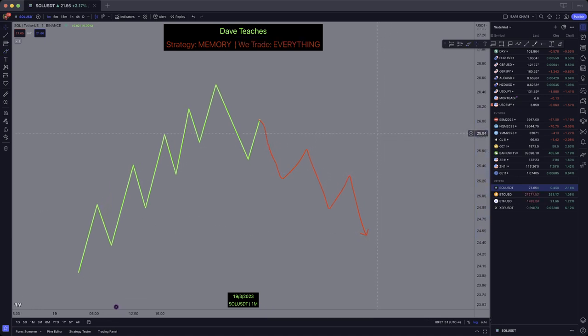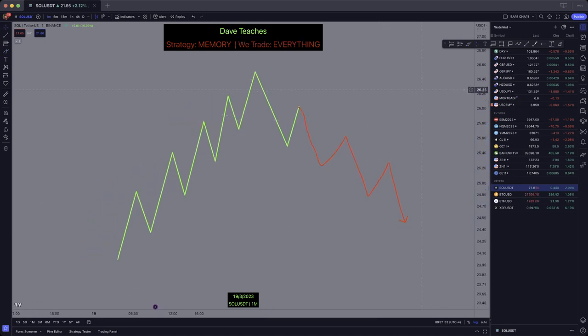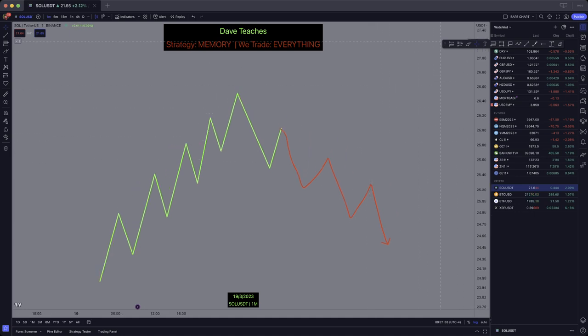All right. So, here is the entire cycle of a trend, both up and down trend. With these areas here, this is swing points.